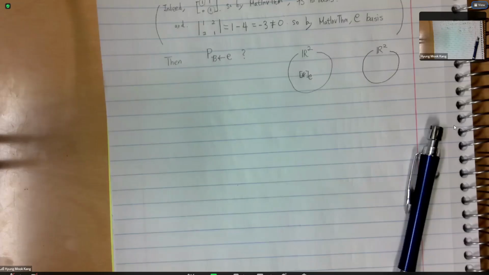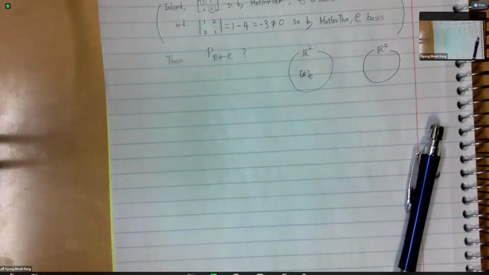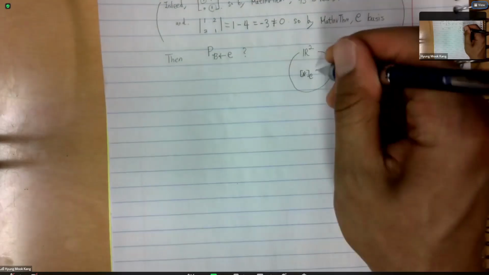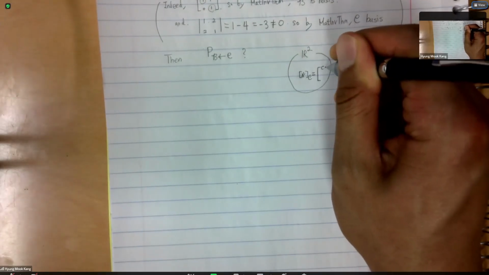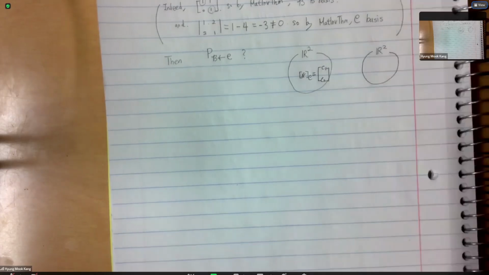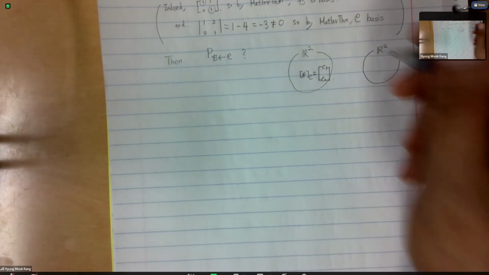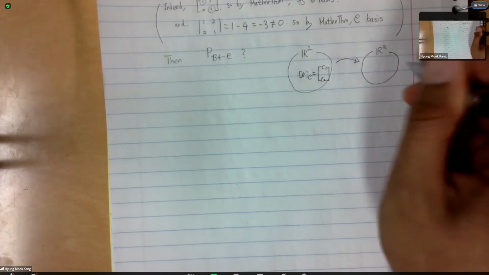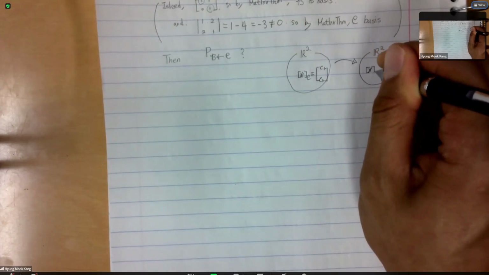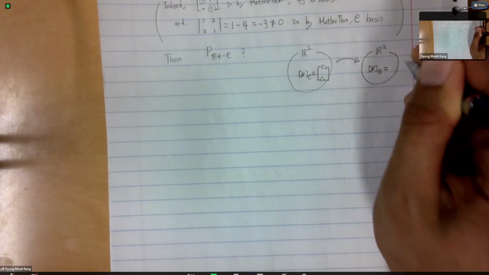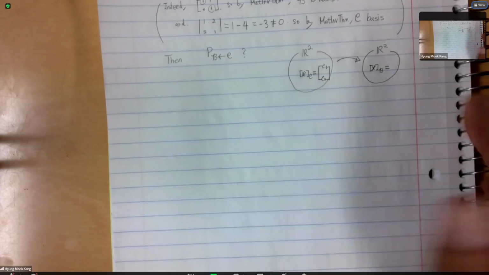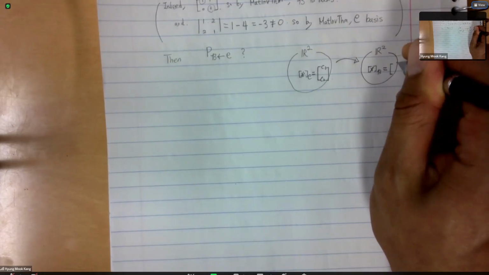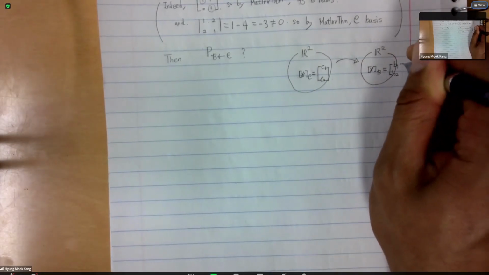So it's going to have one and only one unique linear combination to make X, so we can make it into coordinates. Let's put this as C1, C2. And sending this, we're going to get the coordinate vector with respect to B this time. So let's go with B1 and B2 like this.